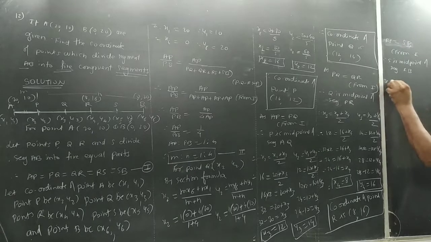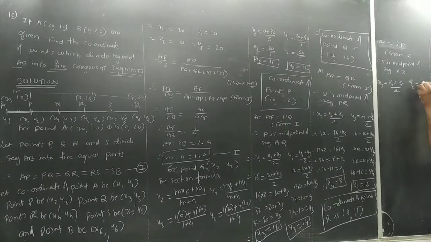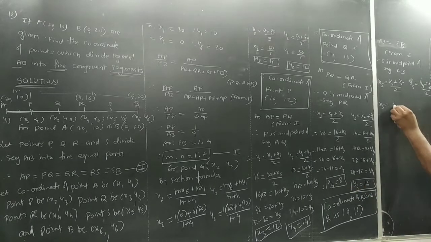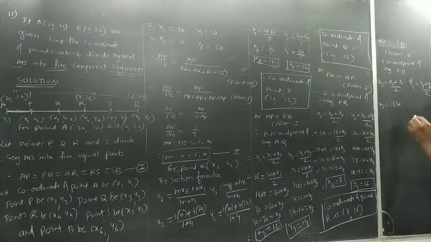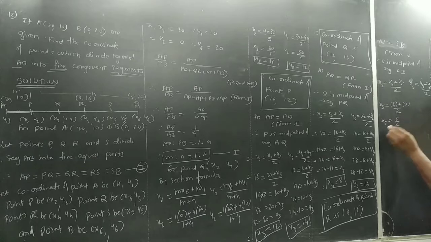Therefore, x5 is equal to (x4 plus x6) upon 2, and here y5 is equal to (y4 plus y6) upon 2. So to find x5, x4 you have, x4 is 8, and x6 we already have, that is 0, upon 2. So x5 is equal to 8 upon 2, x5 is equal to 4.